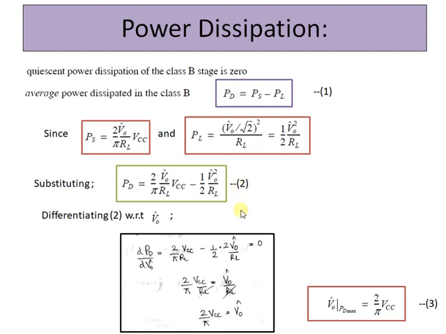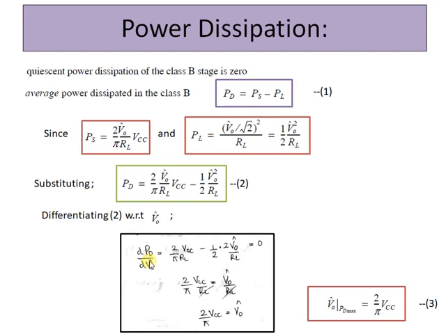Since PD depends upon V out cap, which corresponds to the peak value of the output voltage, the worst case power dissipation PD max will be computed by differentiating equation number 2 with respect to V out cap and equating this derivative to 0.